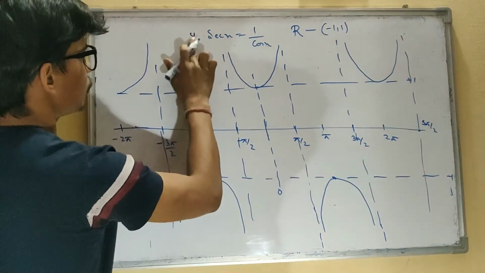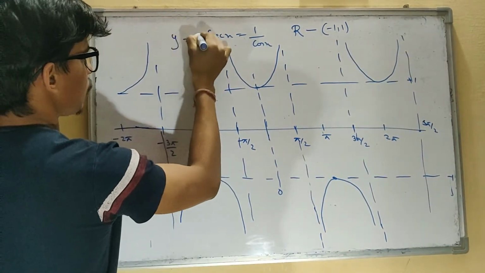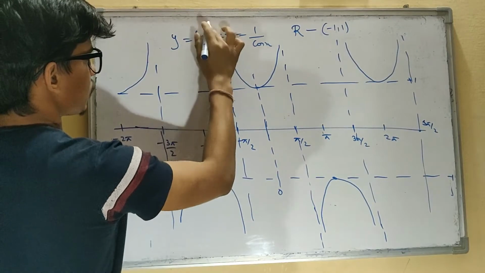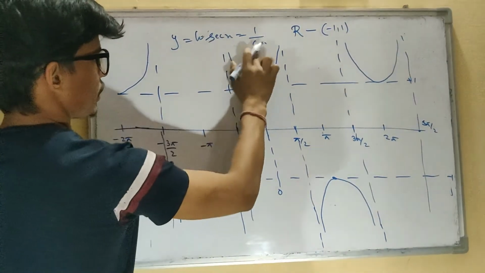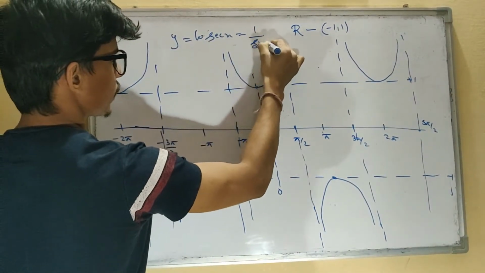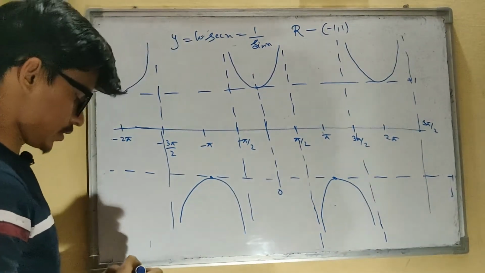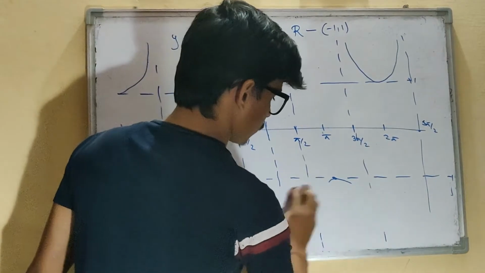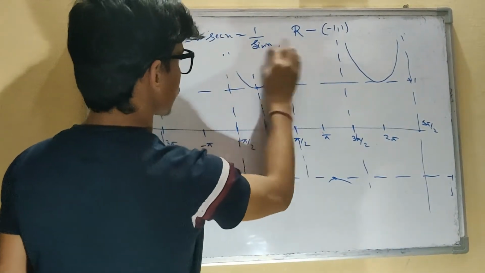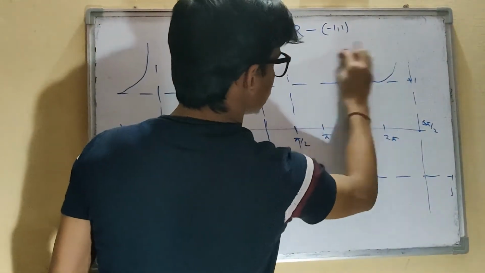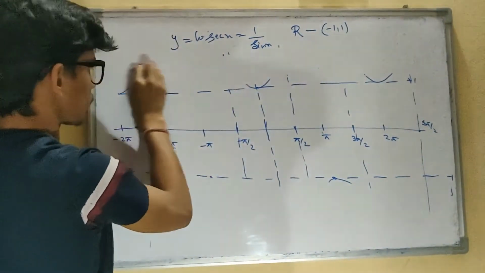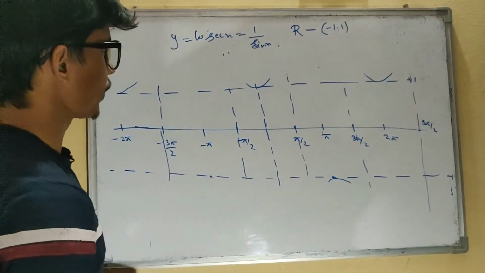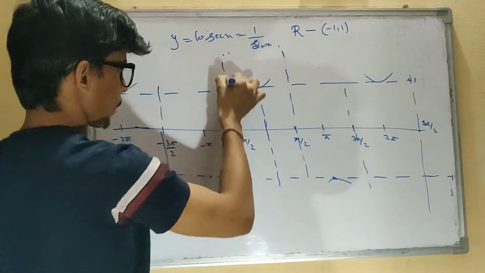Now I am going to show you how you can draw the graph of cosec x. And it is a reciprocal of sin x. Okay, so I'm just going to remove this. Okay, so like this.